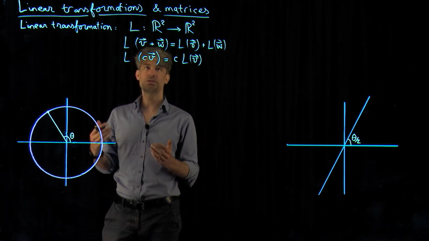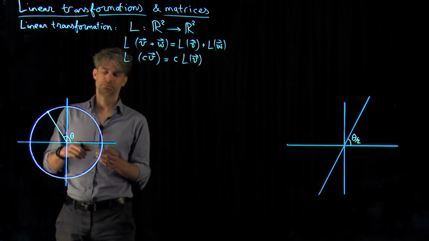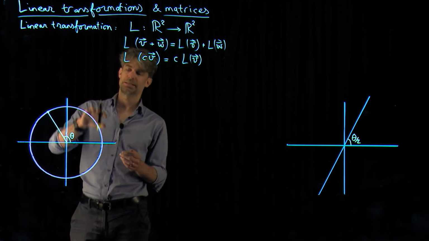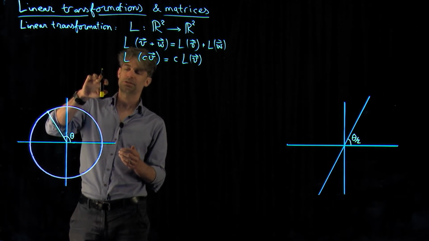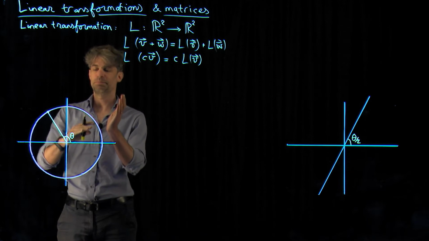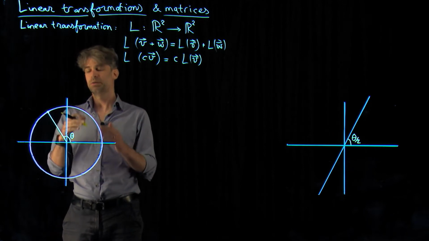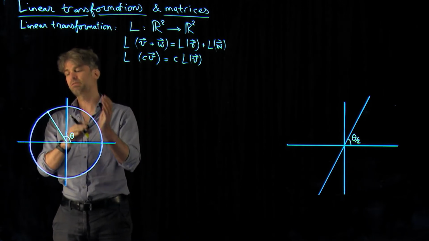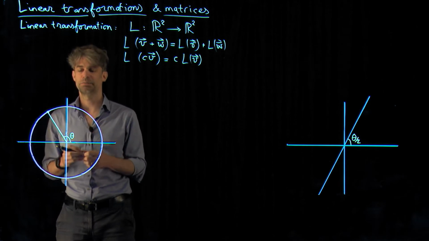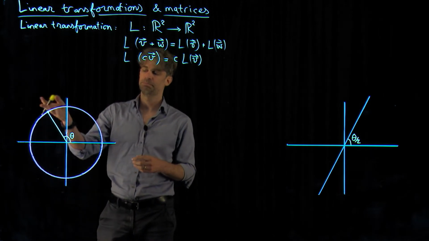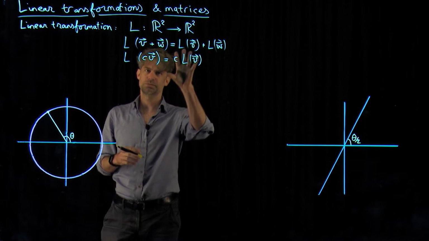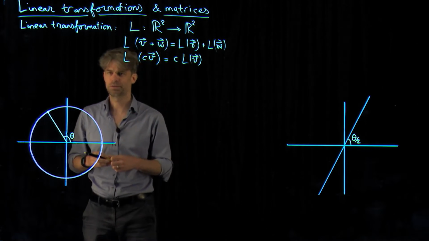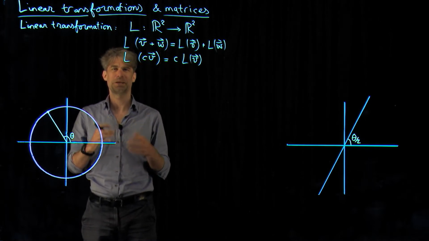But also if I have the sum of two vectors, say first like that and then like that, if I just rotate these two vectors independently, the sum of those two vectors after rotation will end up exactly where the rotated sum has ended up. So I don't prove these rules very precisely like this, but I hope you agree with me.